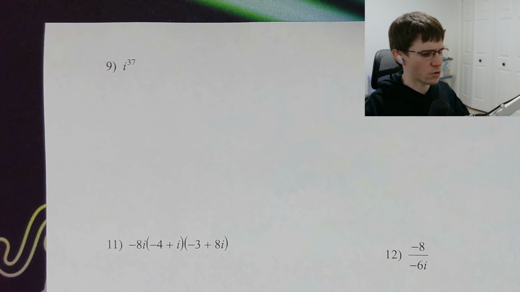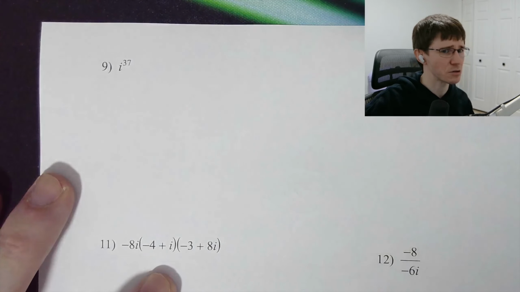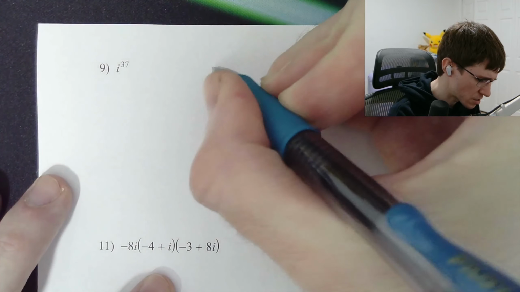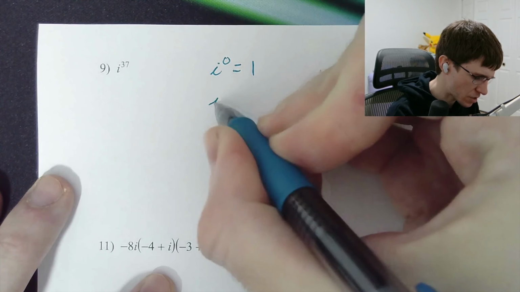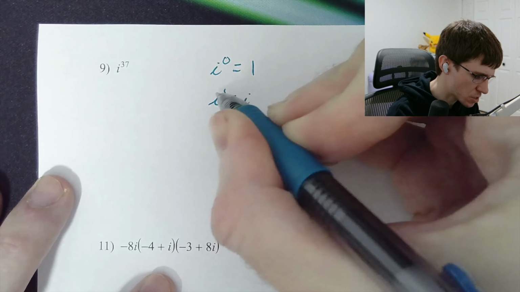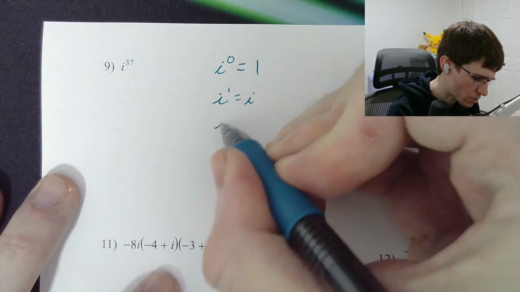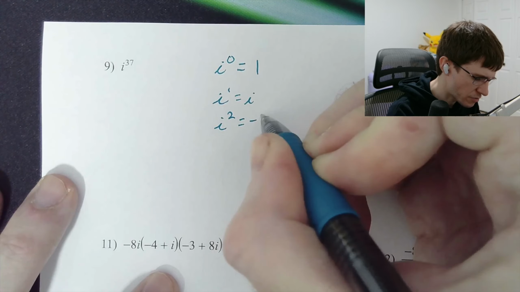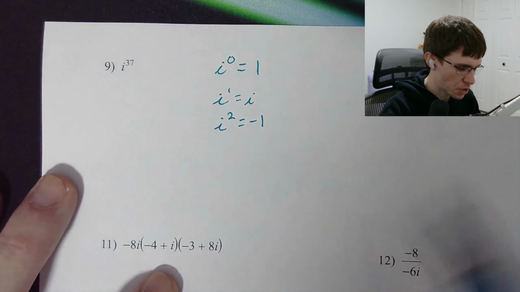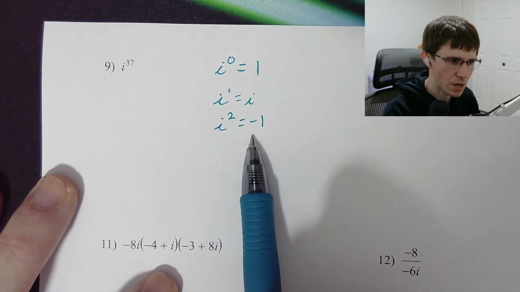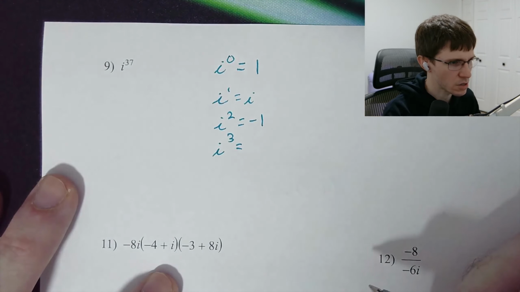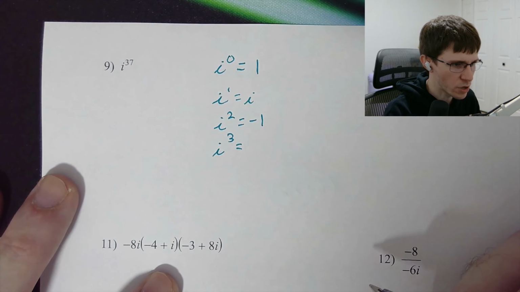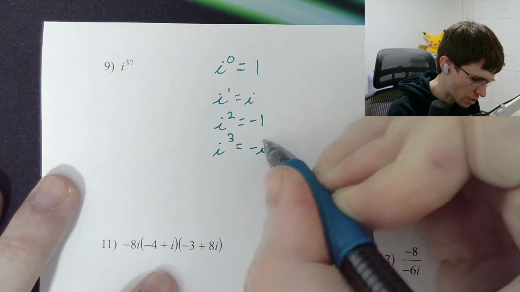This one is one of my favorite questions, the idea of i being a cyclical number. What we mean by that is anything to the 0 power is equal to 1, and anything to the first power is equal to itself. And i squared we just defined as negative 1. Now, if we were to multiply both sides of this equation by i, we'd end up with i cubed, because we have another letter i there, and negative 1 times i would just be negative i.